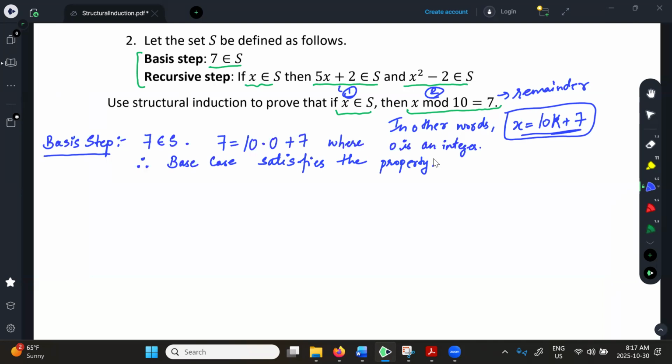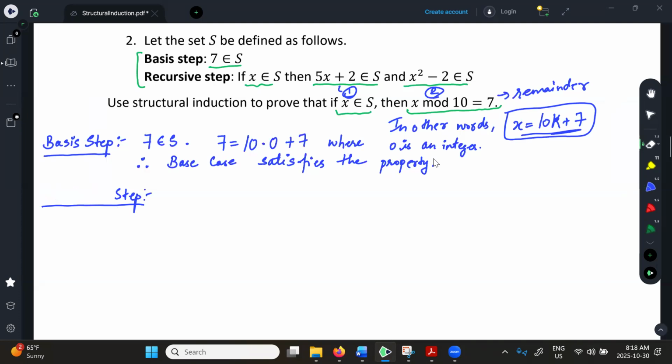What about the inductive step? How do I begin it? Read the previous example. What did I do? I assume an arbitrary element is there in the set of the form... Yes, a slight correction here.